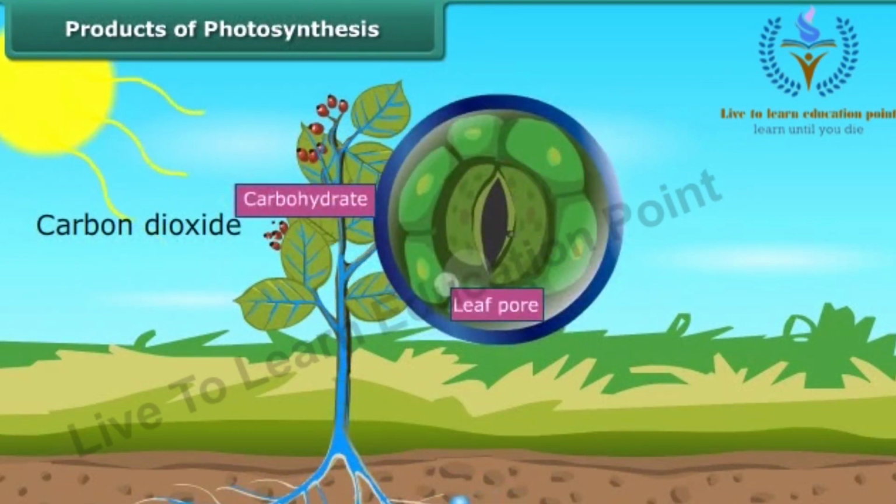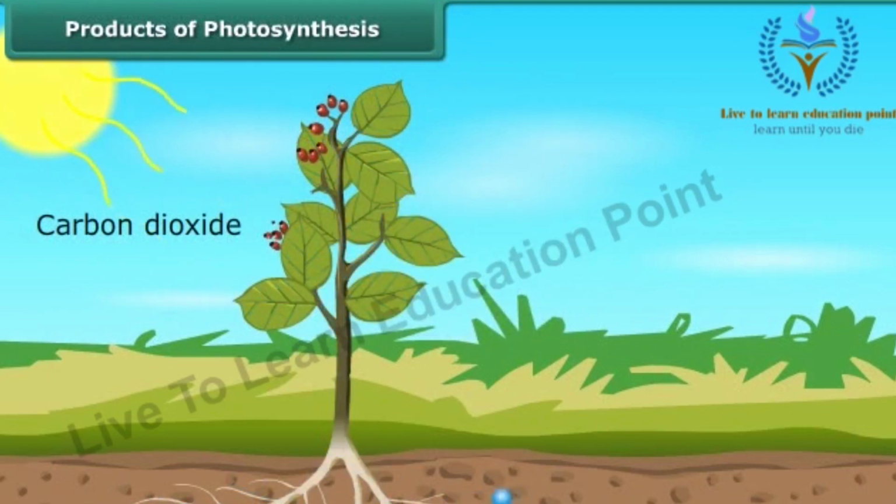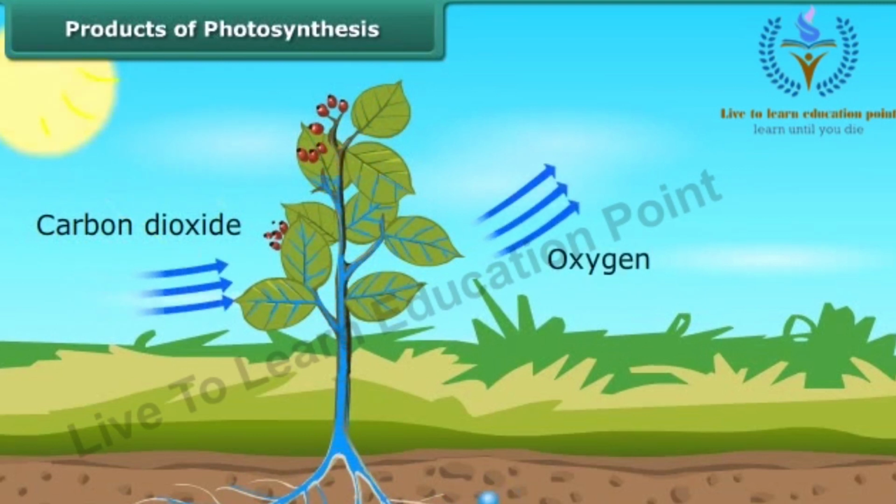The carbohydrate is ultimately converted into starch, which gets stored in the different parts of the plants. Therefore, the first food product formed during photosynthesis is starch. Starch is also an example of carbohydrate. In this process, oxygen is also released.